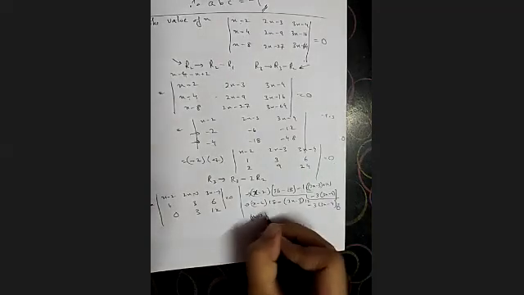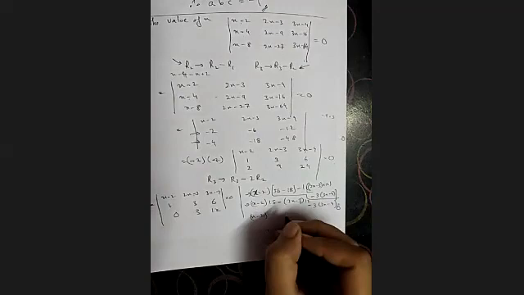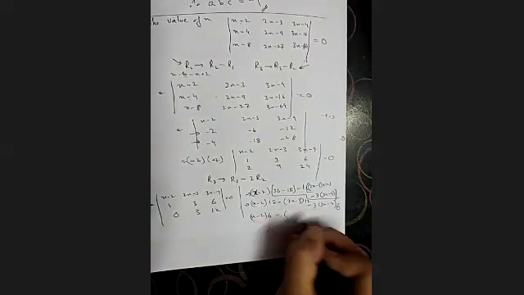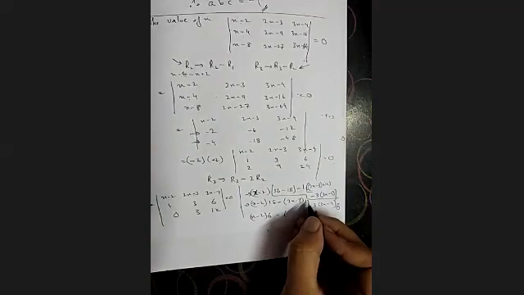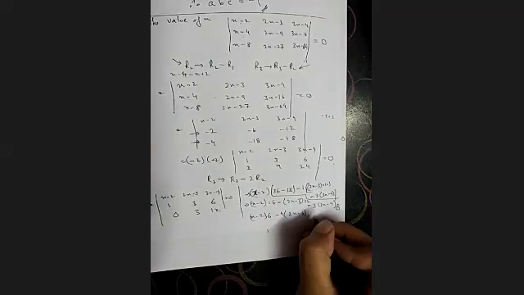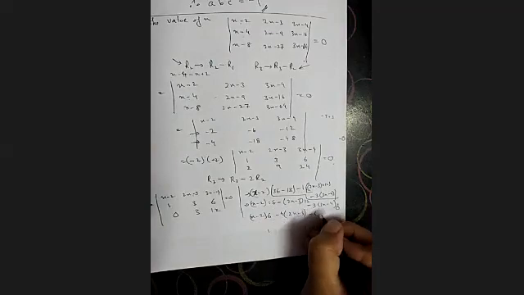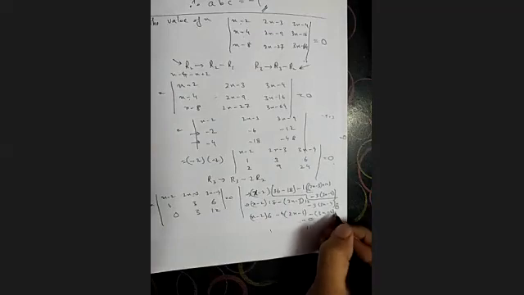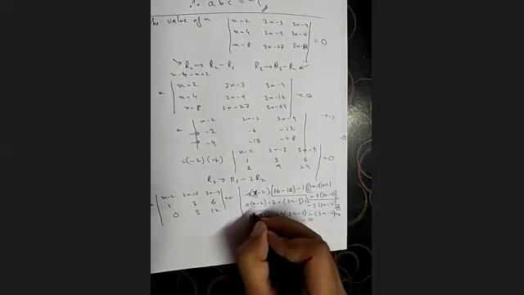We'll get x minus 2 into 6 minus 4 into 2x minus 3 minus 3x minus 4 is equal to 0. Simplify this.